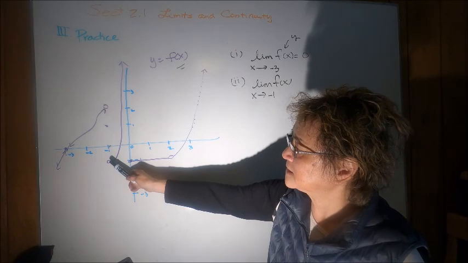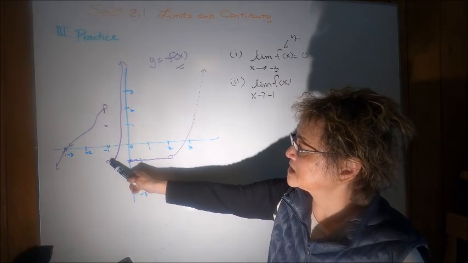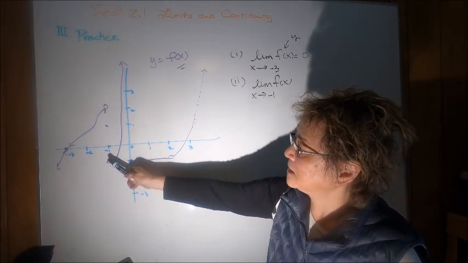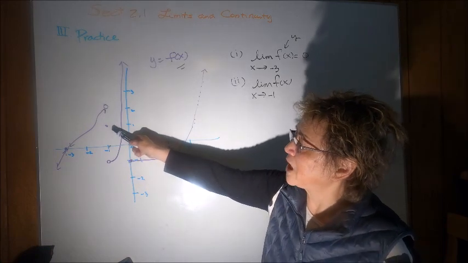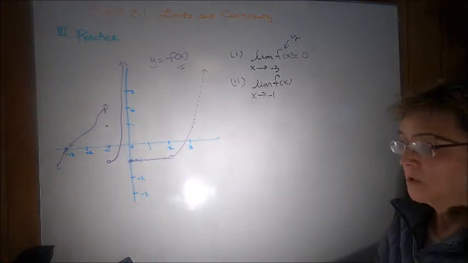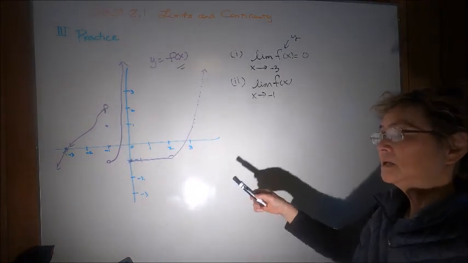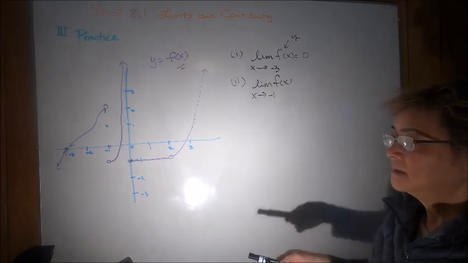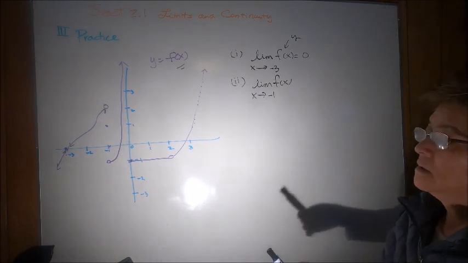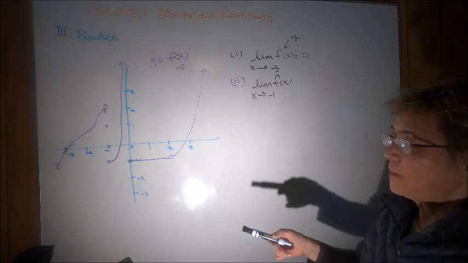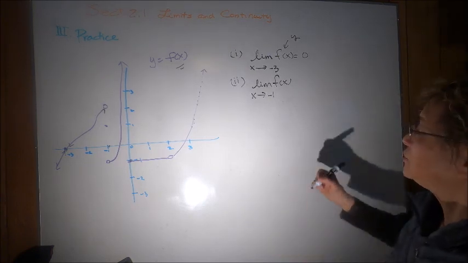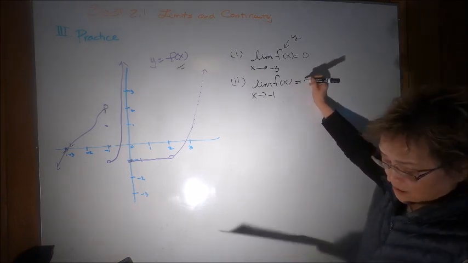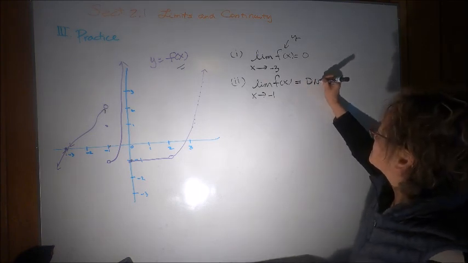And from the right hand side, the value is -1. And at -1, its value actually is 1. Okay, but from the left hand side and from the right hand side, they are different. So is the y value bounded by one value? No, right? So it doesn't exist.